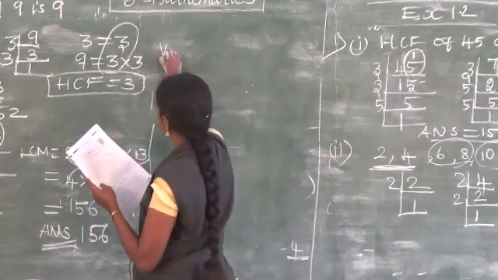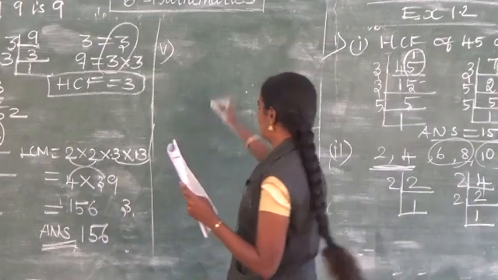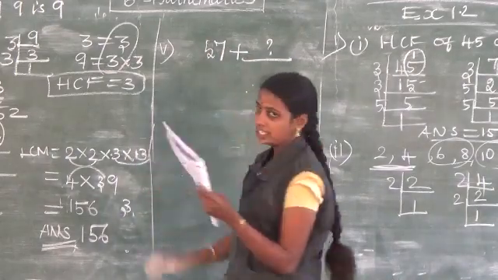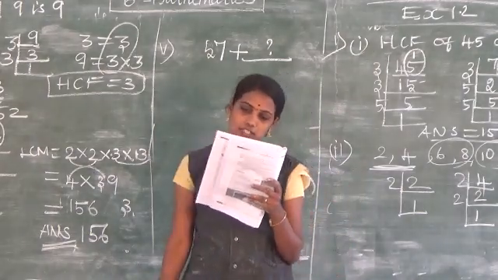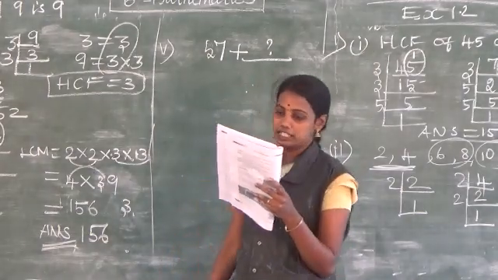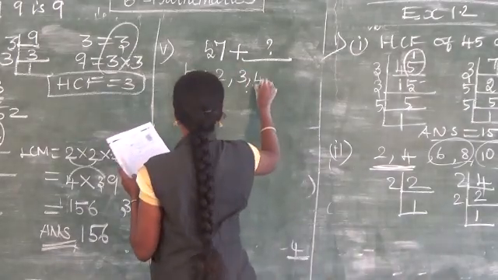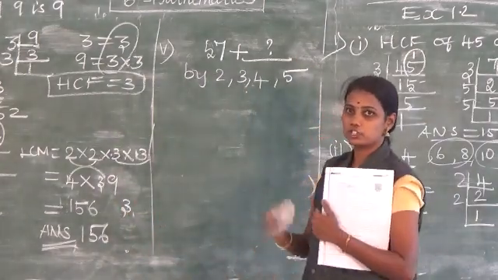Option 5: the least number that should be added to 57 so that the sum is exactly divisible by 2, 3, 4, 5. So 57 is given, and some number should be added.